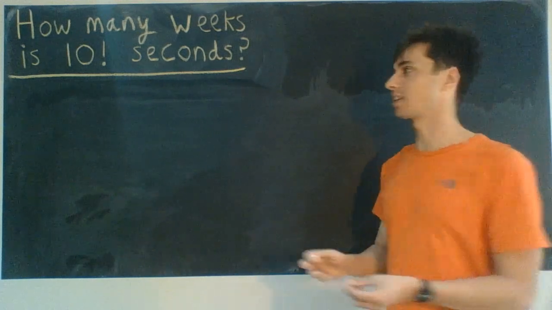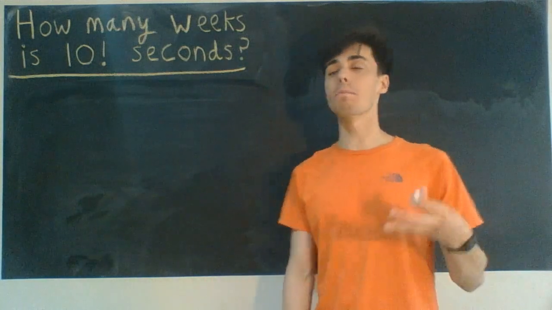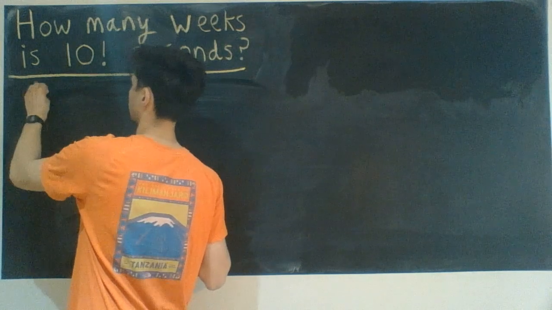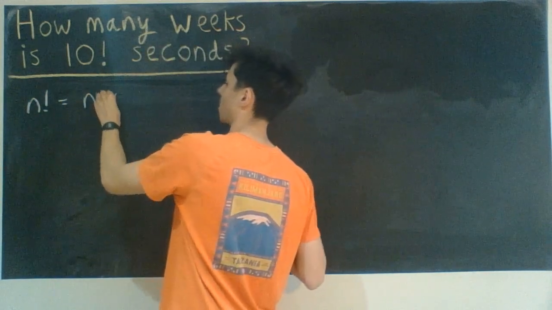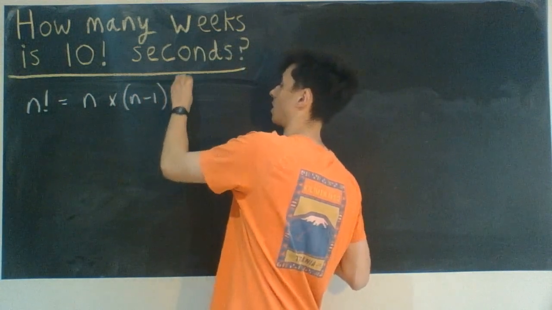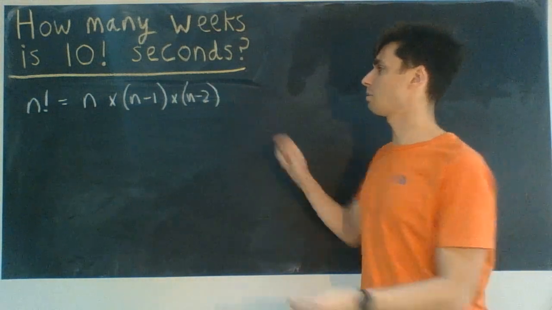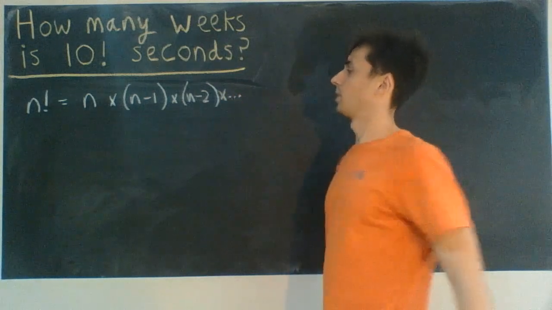It's defined like this. For a natural number n, that means a whole positive number, n factorial is defined as n times n minus 1 times n minus 2, and we keep on going like this, so I'm going to put dot dot dot.